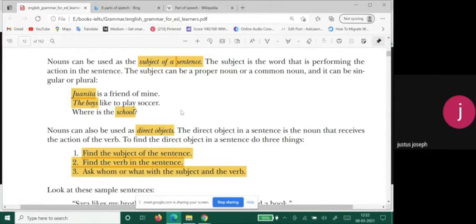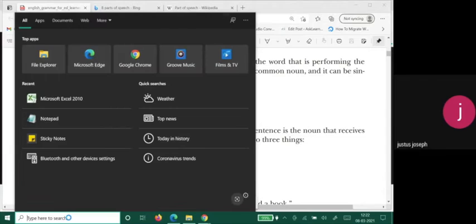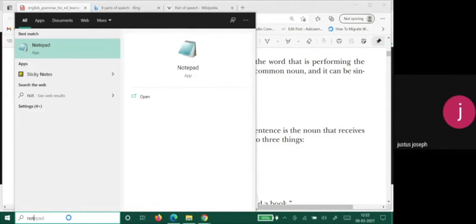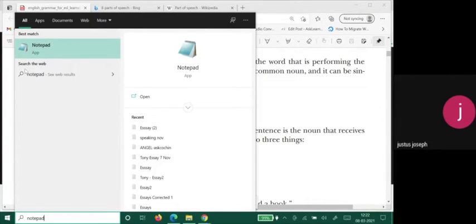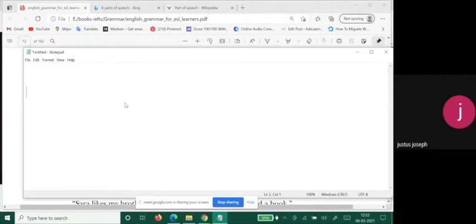Okay? Now, what is an object? For that, you need to understand something. Let me show you something. The sentence is made up of mainly three things.